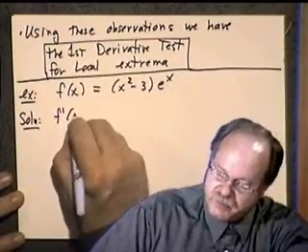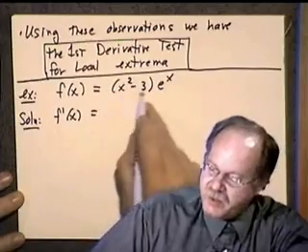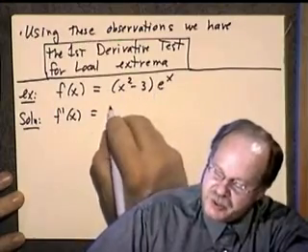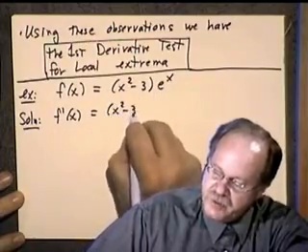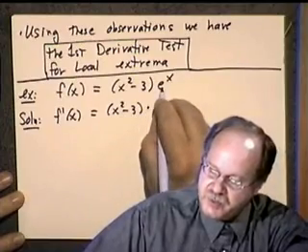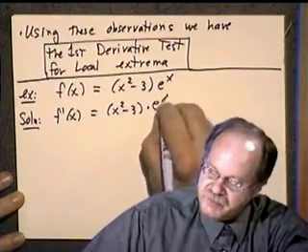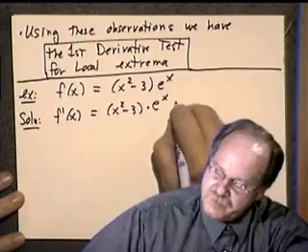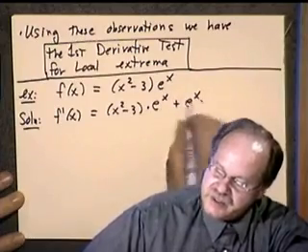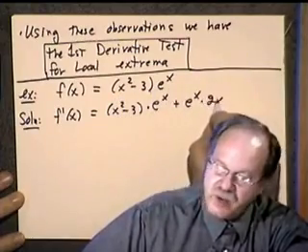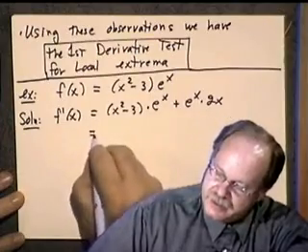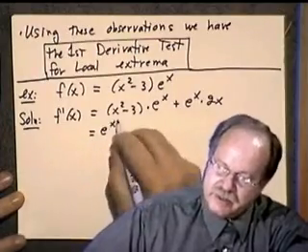So we'll need the first derivative, of course. So the first derivative, well, this is a product. So let's use the product rule. We'll leave the first thing alone, x^2 - 3, times the derivative of the second. But of course, the derivative of e^x is just e^x. Then we'll take e^x times the derivative of the first, which is 2x. And that nicely factors. We can pull out e^x.